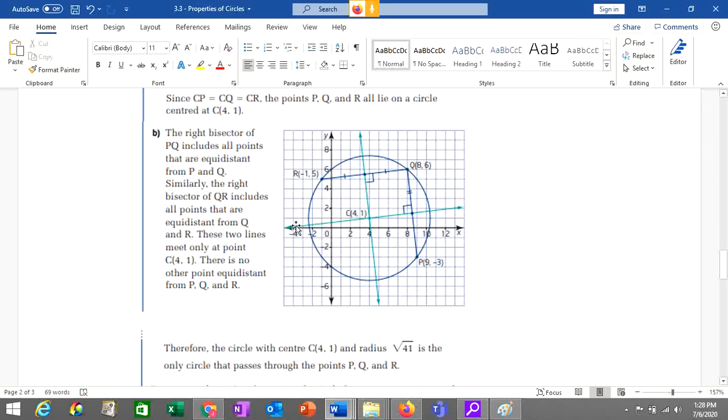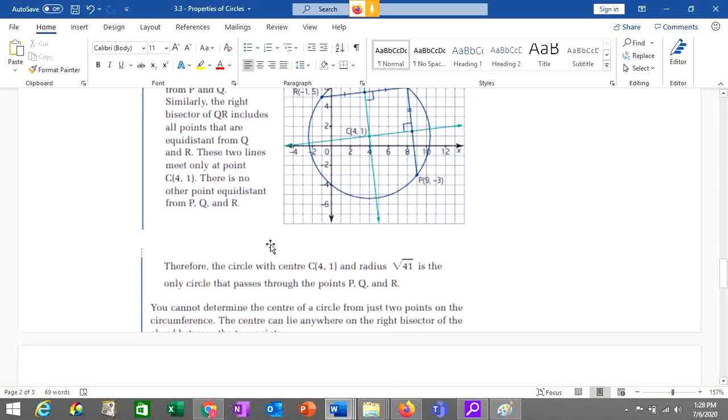The center of the circle must also lie on this line. So you have a center of a circle that must be on both this line and this line. There's only one point where that's going to be true. There's only one point that's on both of these lines, and the center must be on both of these lines. Therefore, the center must be on this point. There is no other point that it can be at.